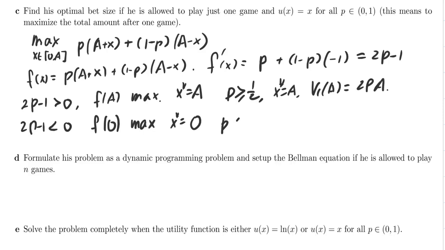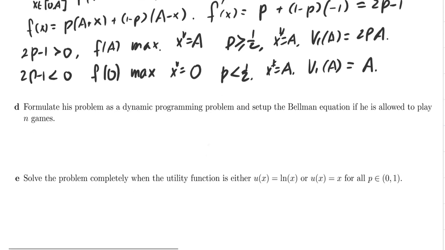And if p is less than 1/2, we bet nothing. So there is no change to the initial fortune, and we're still going to have a. Okay, that's the simple case when the utility function is x.